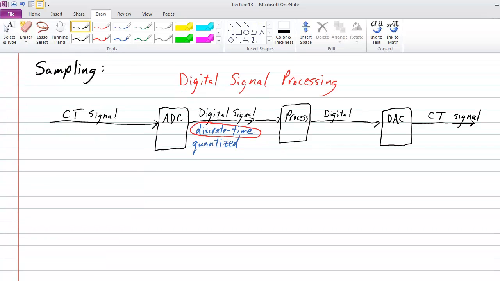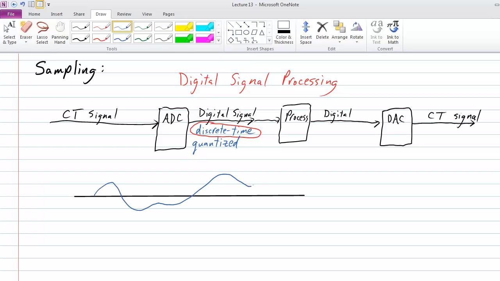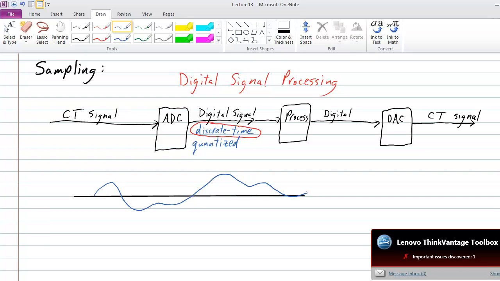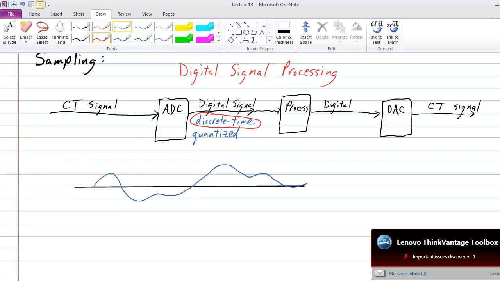So you can think about this first part, sampling, as the following. Let's say here's some continuous time signal. And you have some sort of clock signal.